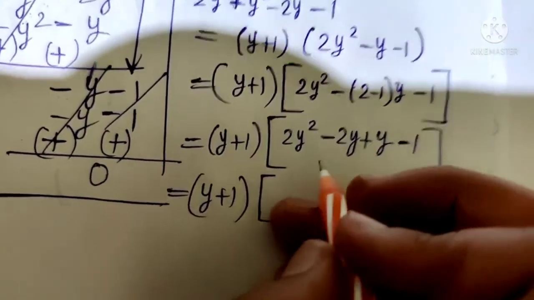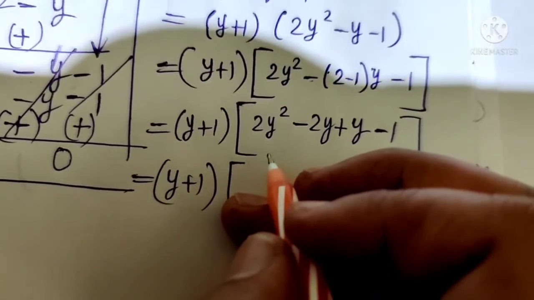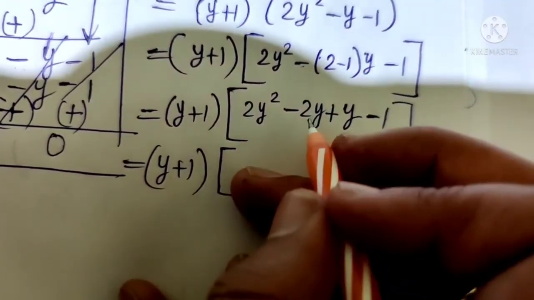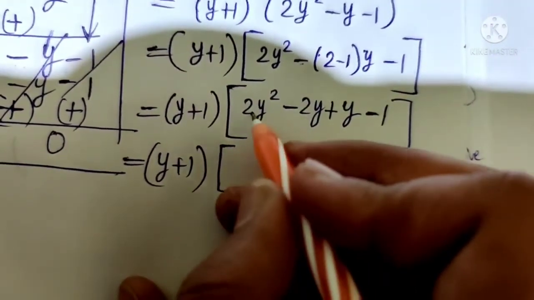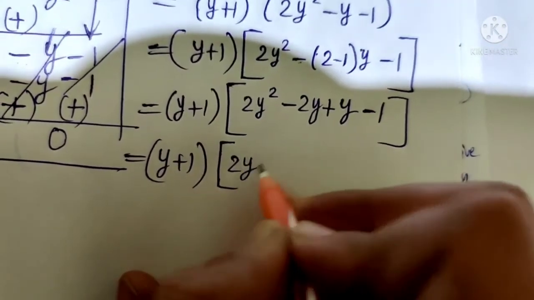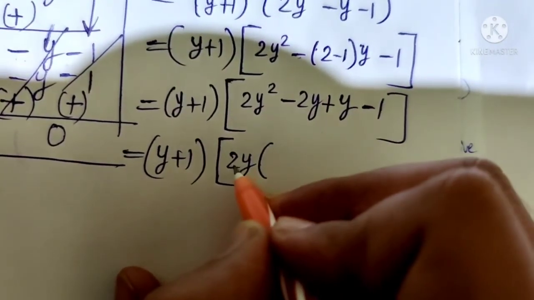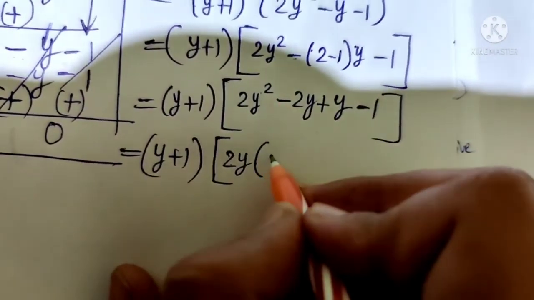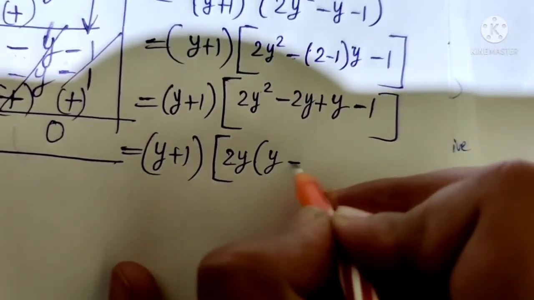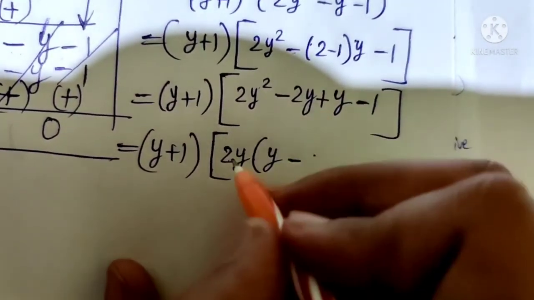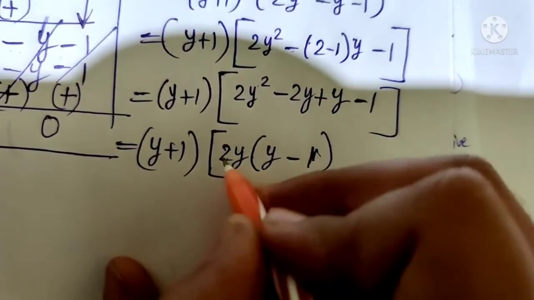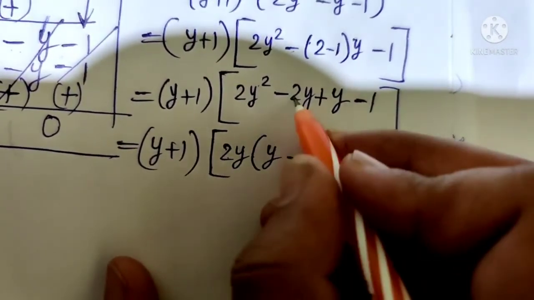Now equals y plus 1 like this only. What is common between 2y square and minus 2y? Just tell me. In between 2y square minus 2y, what is common? 2y. So I can write 2y common. By which I should multiply 2y so it becomes y square? Y only. Then minus, I need 2y, so 2y into 1 becomes minus 2y only.